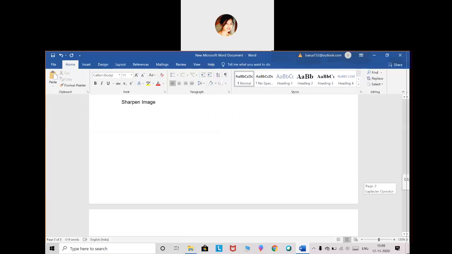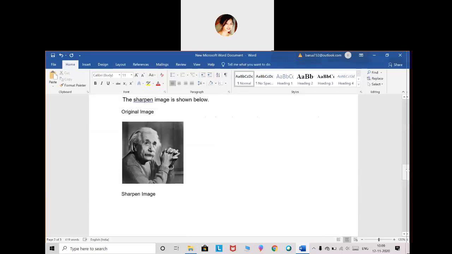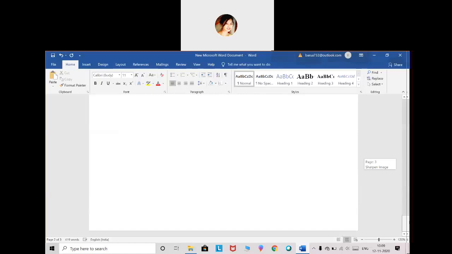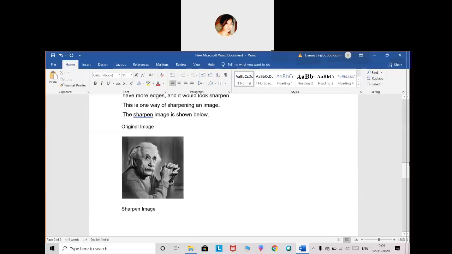This is the original image of Einstein, right? When you apply the sharpening technique, this is the image you get. So these techniques you have to learn.